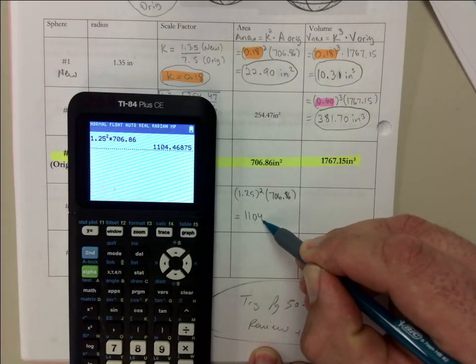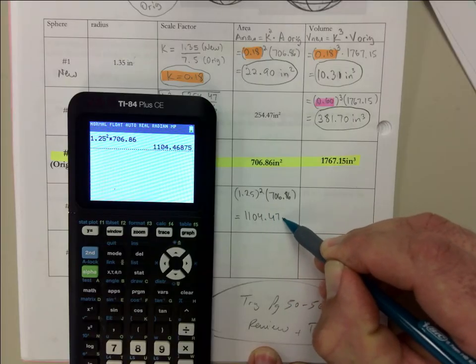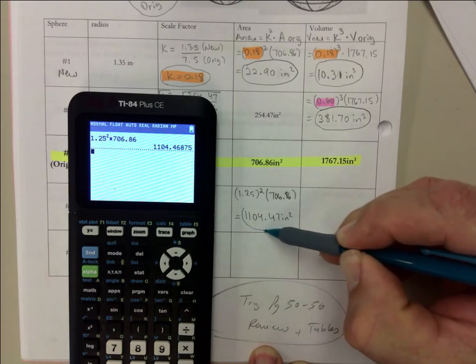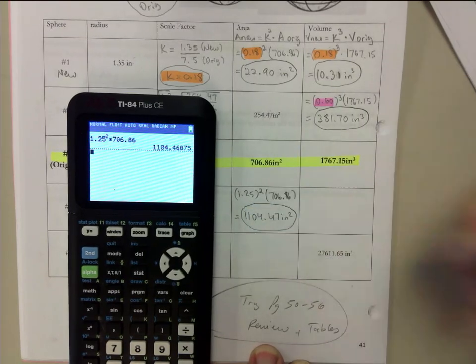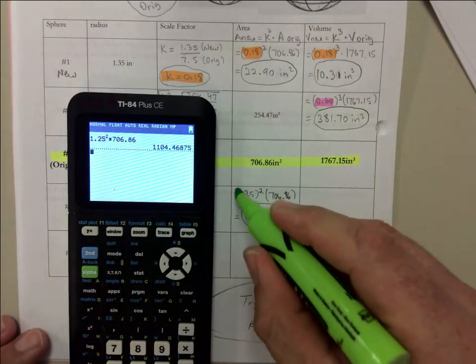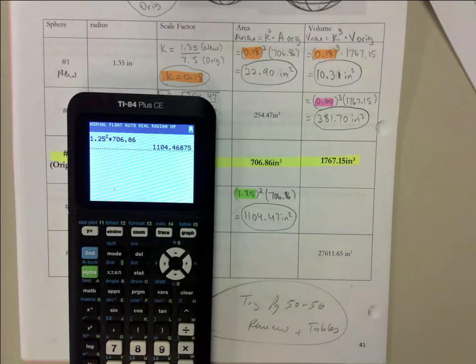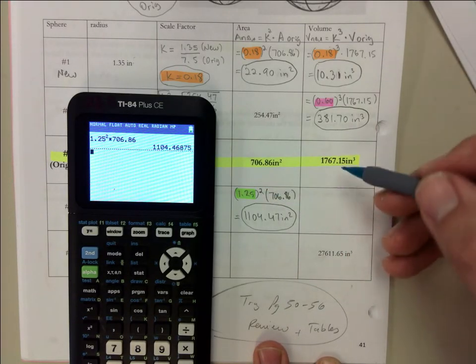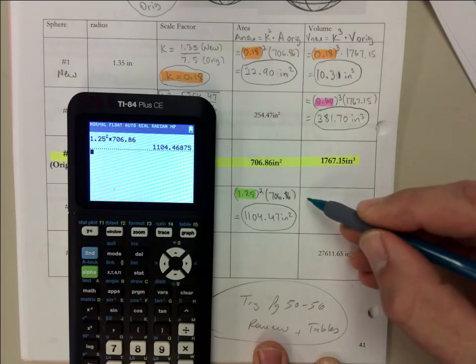It should be more than what you started with because it's an enlarged version. Okay? There you have it. And I'm going to highlight K because once you have it, it's really just multiply it by the original. But you might have to square it or cube it accordingly.